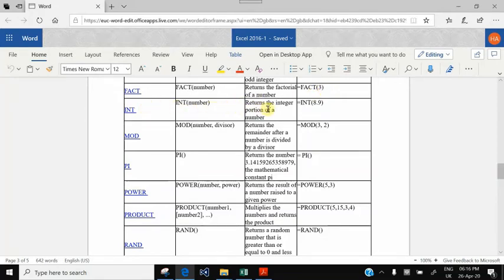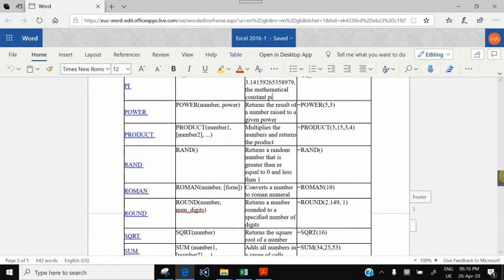Int returns the integer portion of the number, like I have int 8.9. And mod, which returns the remainder of a number divided by a divisor. So mod 3, 2.